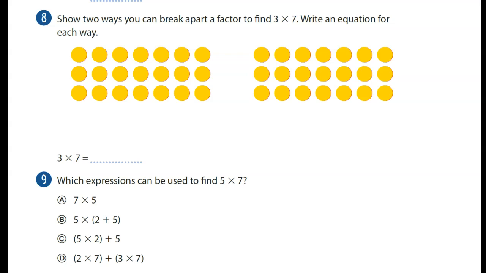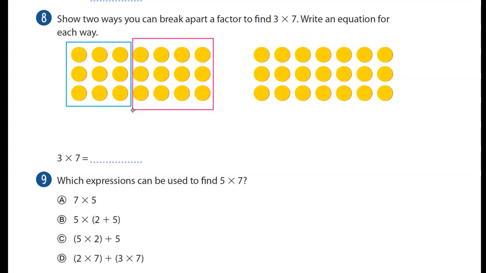I can't divide it in half because that would not work. So I'll divide it like this first, and then I'll divide it like this next. Okay, so that's one way to do it.